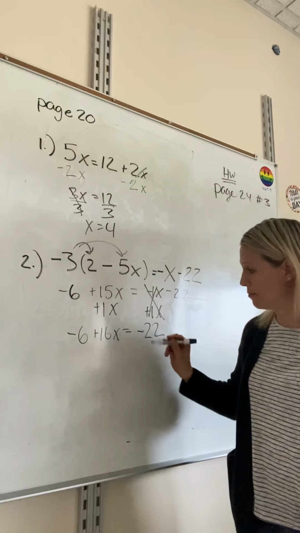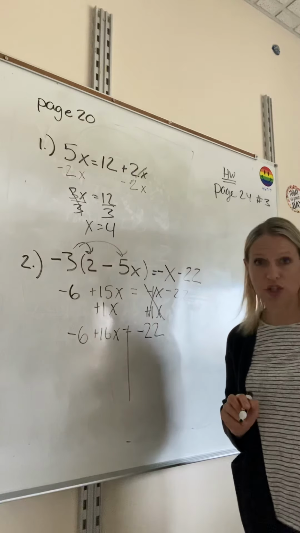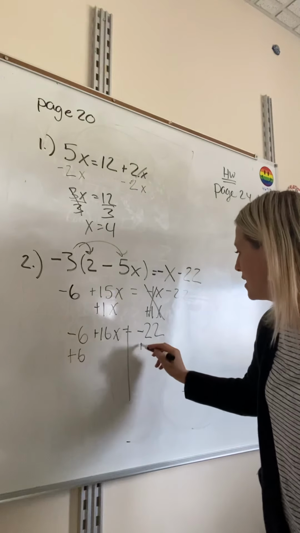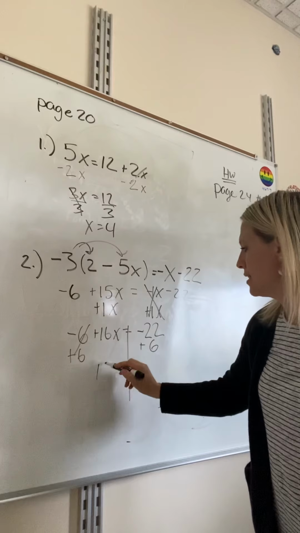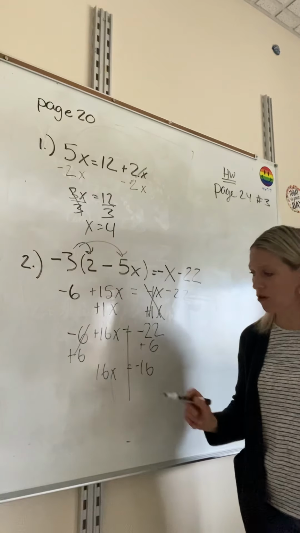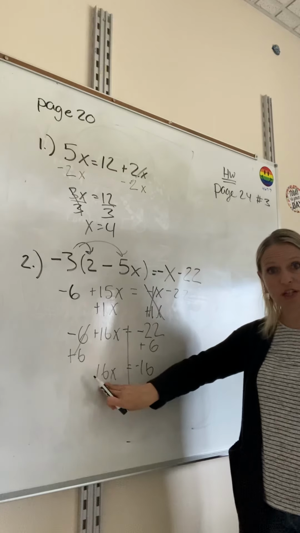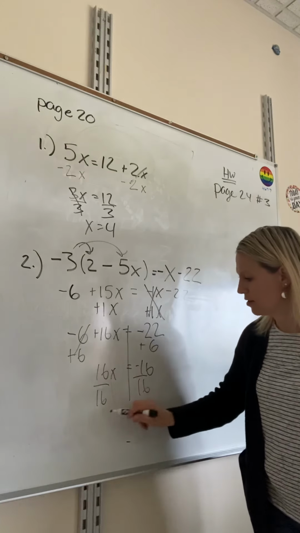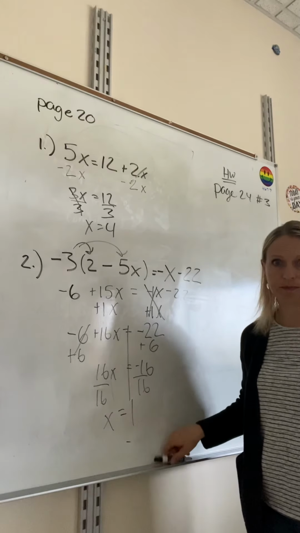Now it's a 2-step. So after you move, you should have either a 2-step or less. We're going to add 6 once to each side. 16x equals -16. And our final stroke is to turn this coefficient into a 1. Divide everything by 16. And you get x equals -1.